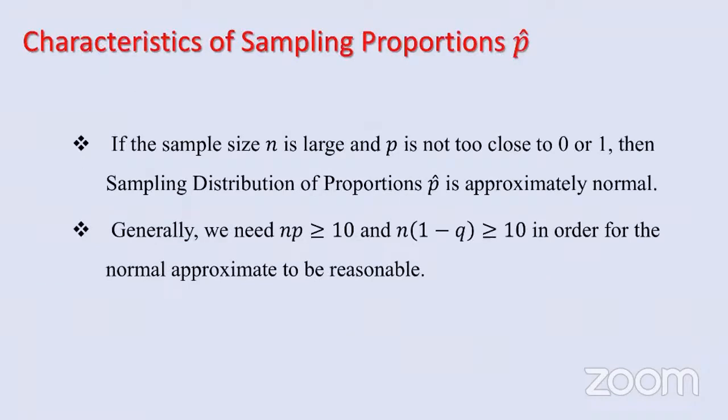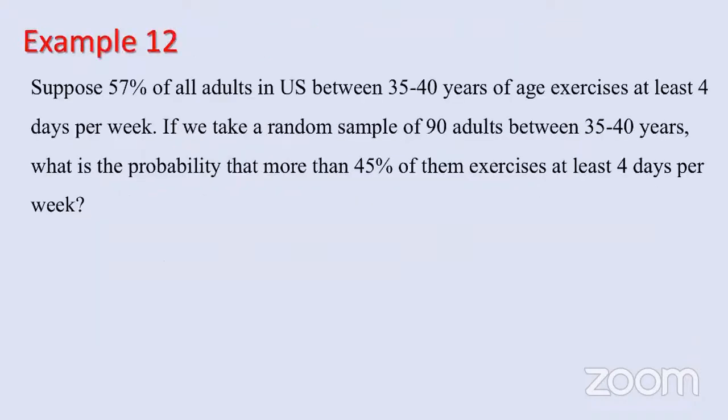I have the condition listed there, n times p, n times q greater than 10. Okay, here is our example. Suppose 57% of adults in the US between 35 to 40 years of age exercise at least 4 days per week. So that is the information about the population.